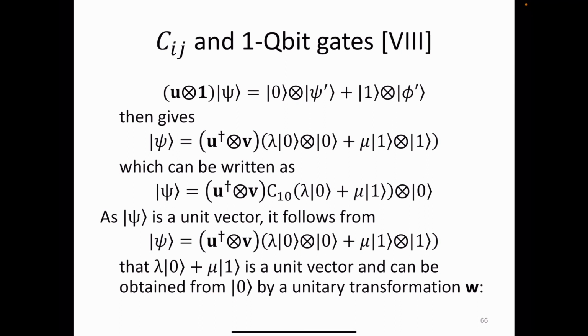Now, if we do our initial transformation, so U times 1, the identity applied on the state psi, then the result that we discussed before is given by 0 times phi prime plus 1 times phi prime.